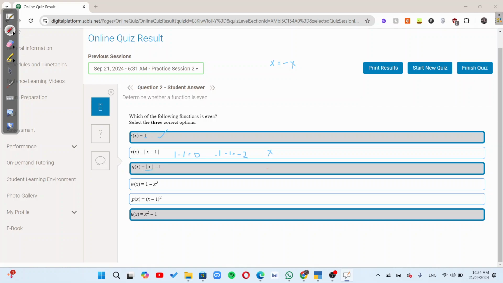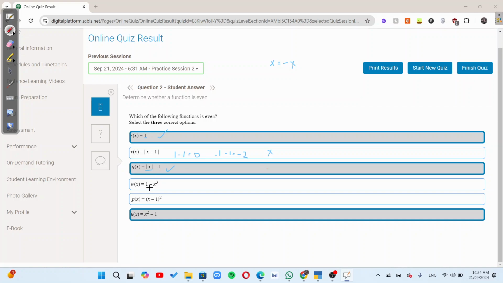Here, it's even. Why? Because whatever you put between absolute values becomes positive. So if you put 1, it stays 1 minus 1, which gives you 0. If you put negative 1 in here, it turns into 1, and 1 minus 1 is again 0. So once you see an x alone inside absolute values, it is immediately even.